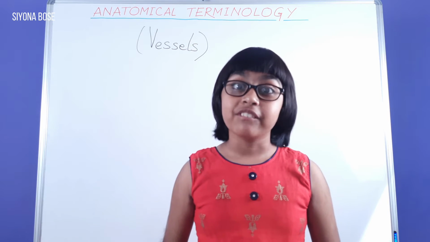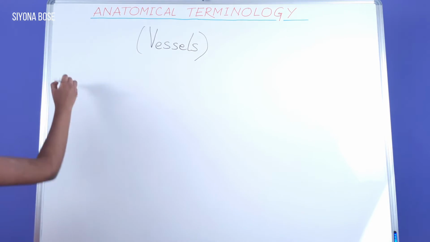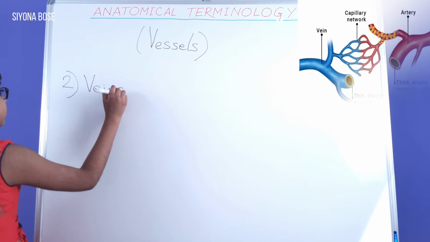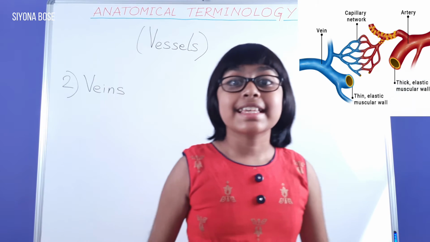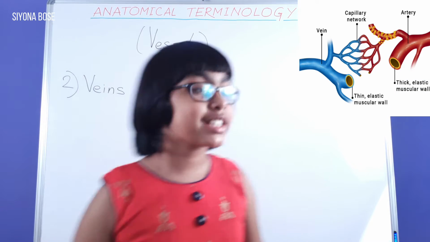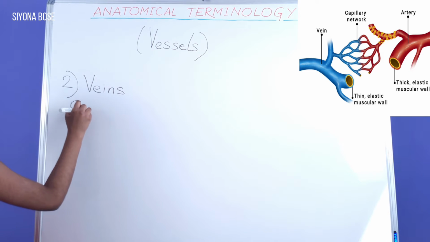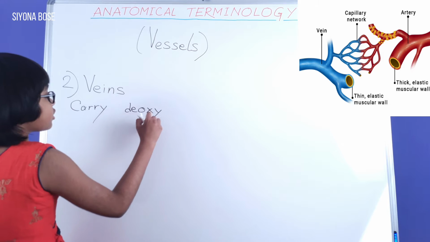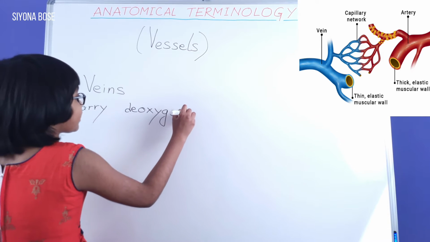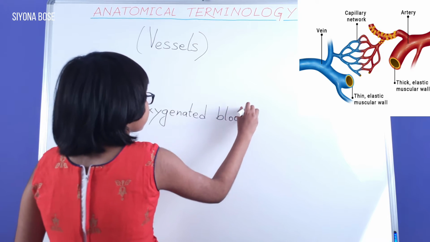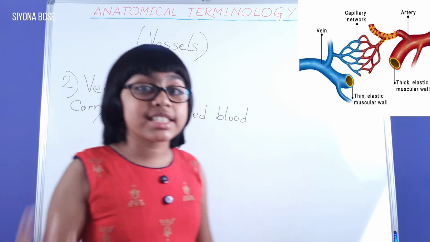Moving on to veins. Veins carry deoxygenated blood towards the heart.